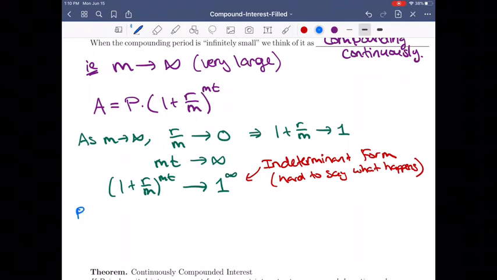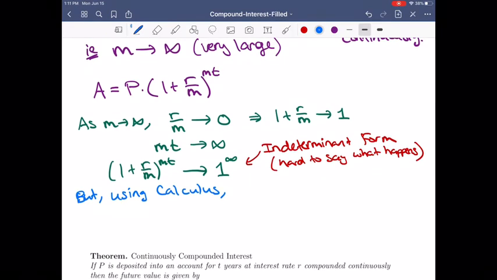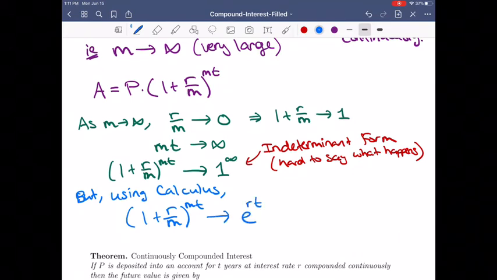But using calculus, which obviously we don't need to use here, I'm just going to tell you what happens. Using calculus, you can show that (1 plus R over M) to the power MT approaches e to the RT, where e is a number. It's like pi, an irrational number.